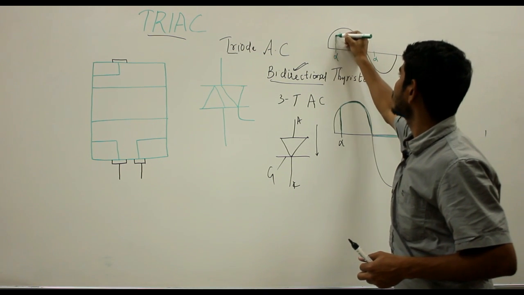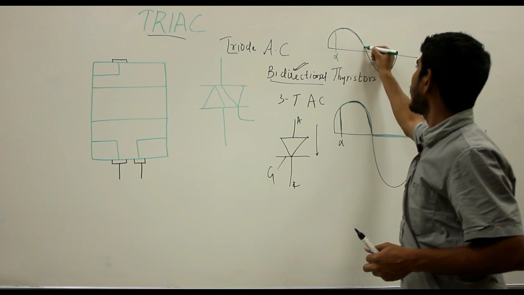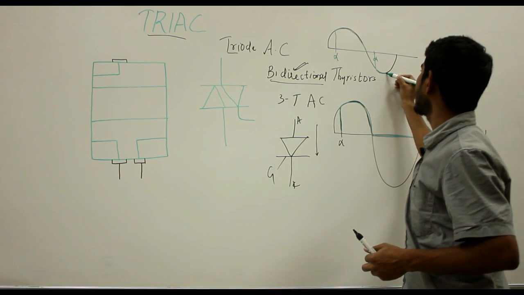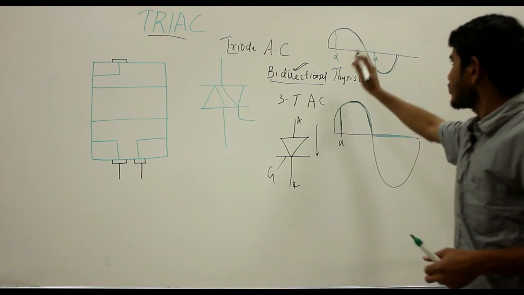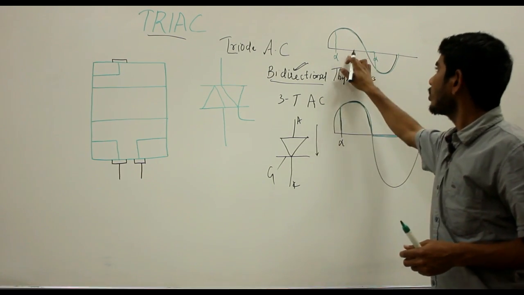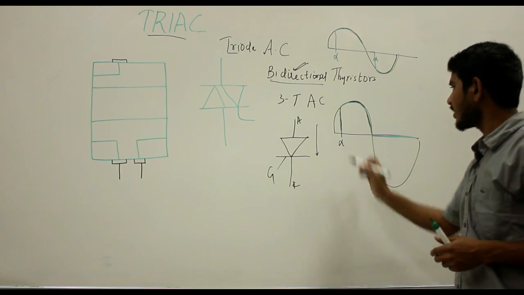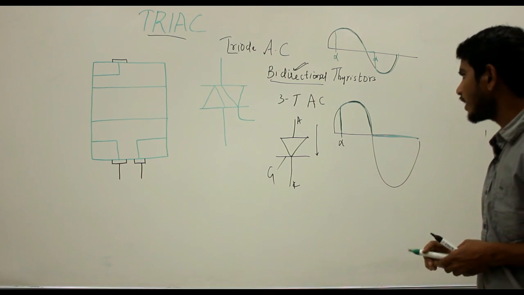So the Triac has control over the positive half cycle, and similarly it also has control over the negative half cycle. So as you use the Triac, we have more power utilization in switching applications, whereas with the diode, for the negative half cycle, I do not have any control over my current.